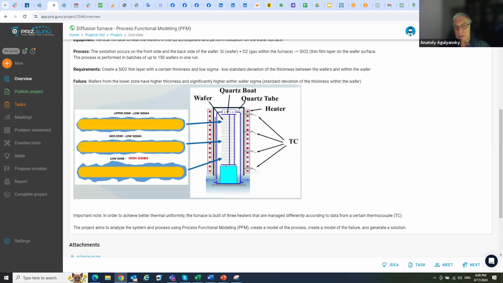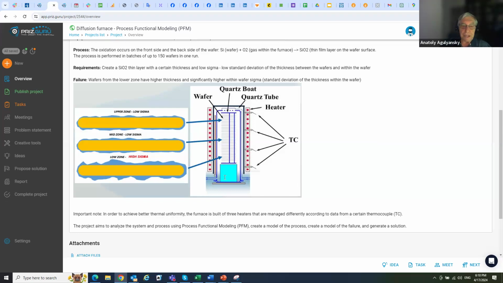And there are different solutions. For instance, to use dummy wafers, or to use these wafers for products where limits for standard deviations are much wider. Very genius, but not very good.